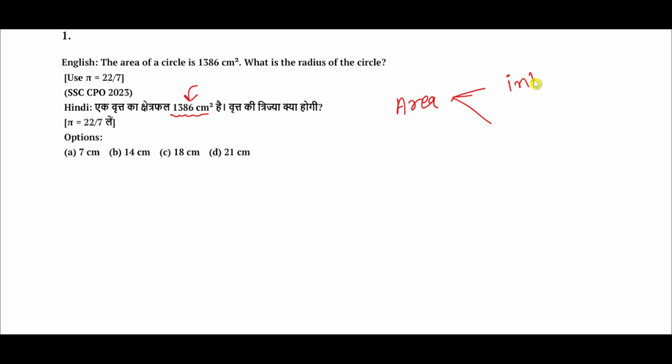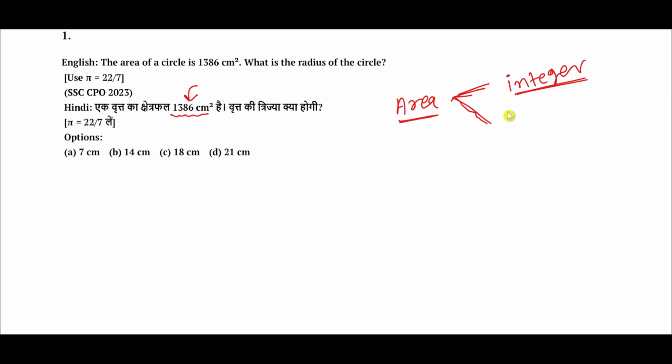Just think about it. Don't think about the solution of this question. First, I want to give you some interesting points, with the help of which you can easily break down any question within 12 or 15 seconds. So first, if you have an area, you have to identify the nature of the area.